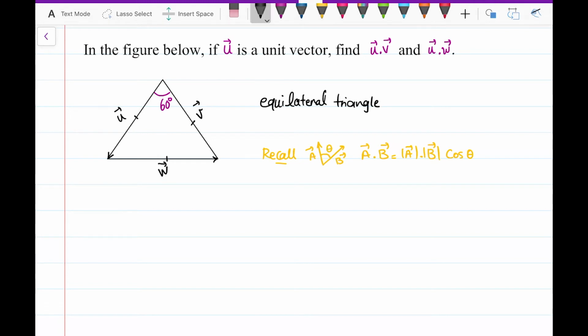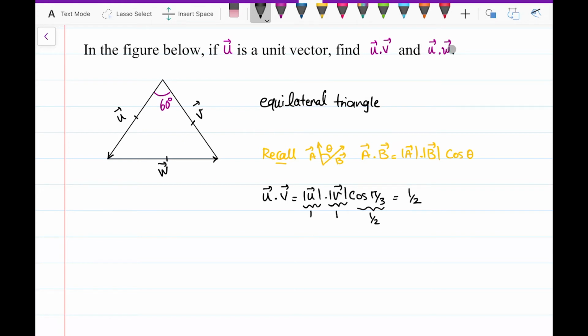So now I have U dot V, which would be the length of U, the length of V, and cosine of theta, and theta here, the angle between these two, is pi over 3. Since U is a unit vector, and V and U have the same length, this is also 1, and cosine of pi over 3 is 1/2. So the dot product between U and V is 1/2.